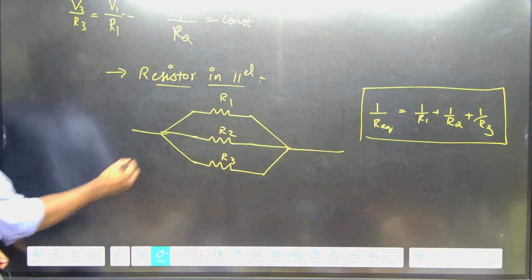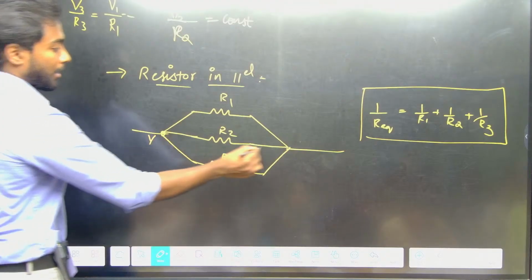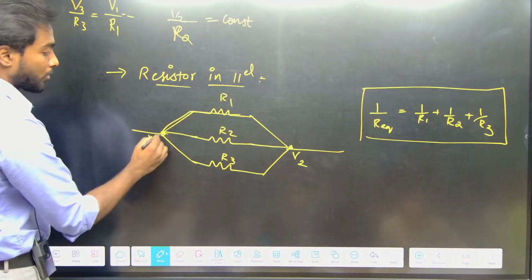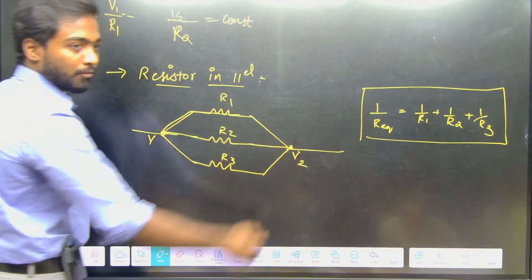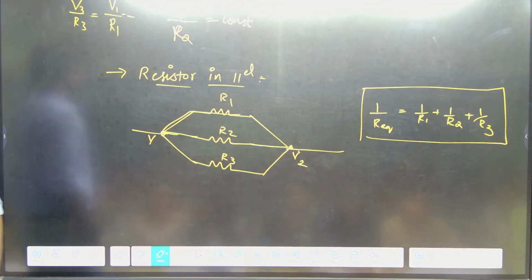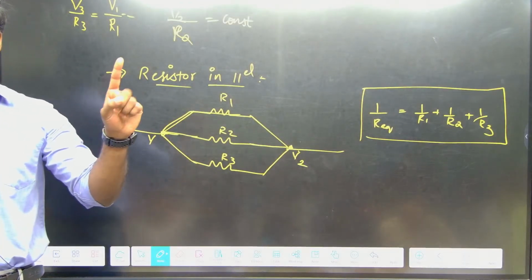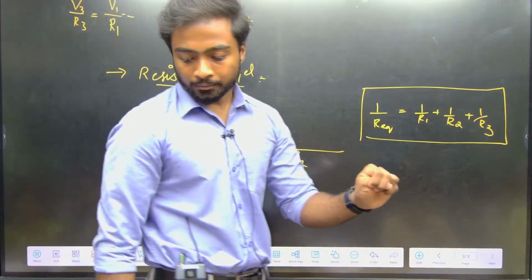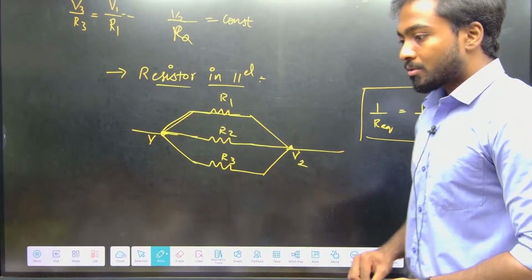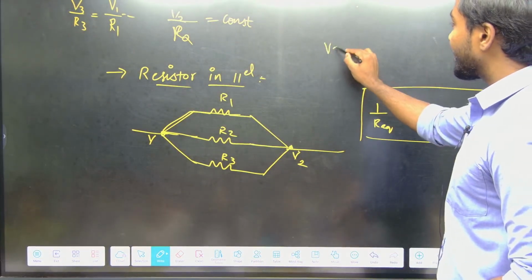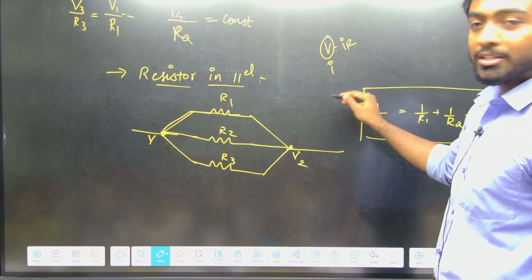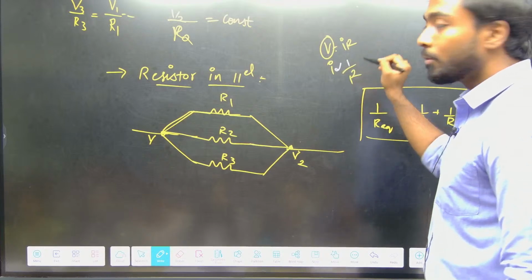If I consider this as my V1 and this as my V2, even if I go this way, I will get V1 V2, V1 V2 and V1 V2. So in a parallel combination V is constant, and in a series combination I is constant. From the equation V equals IR, since V is constant, I is inversely proportional to R.